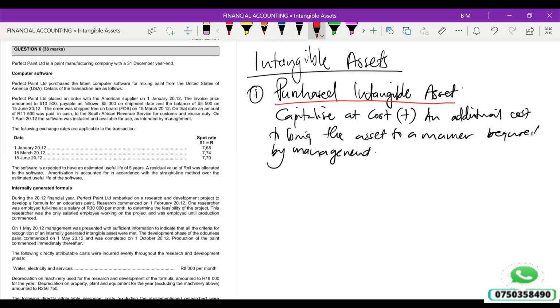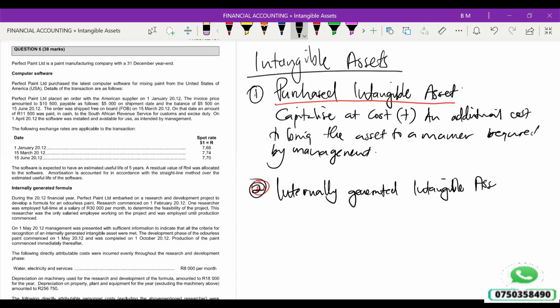Then we have an internally generated intangible asset.